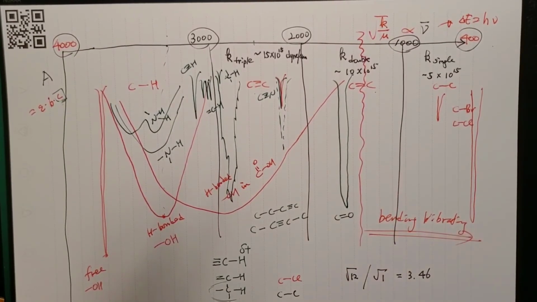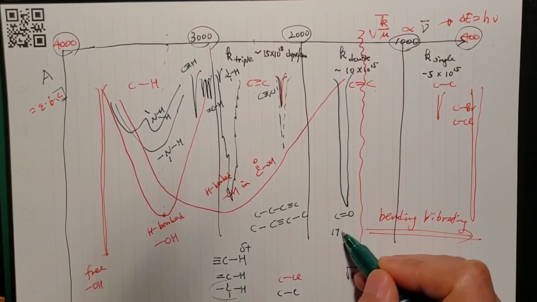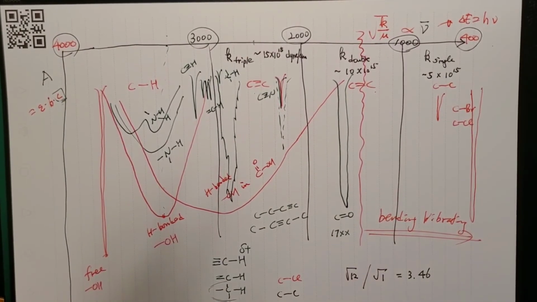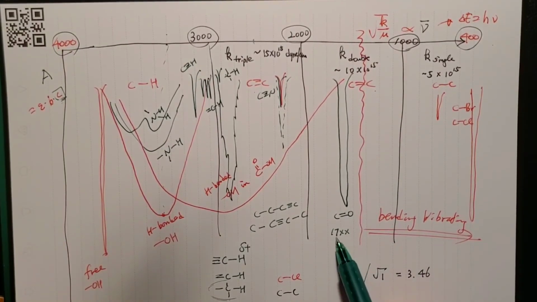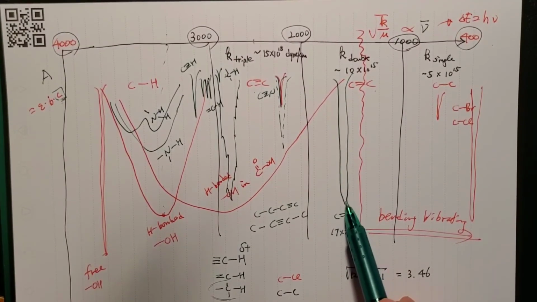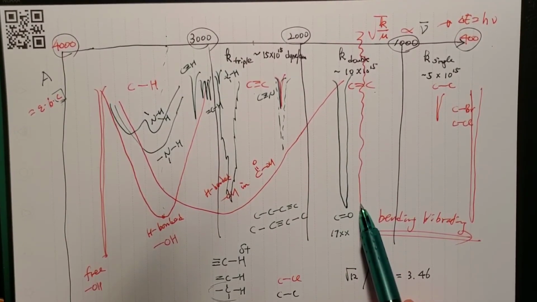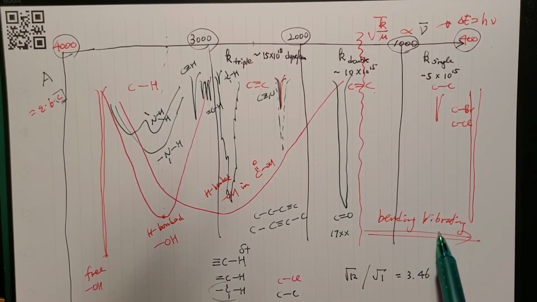So the CO double bond comes around 17-something, plus or minus, it could be 100 or 200 even. So it's safe. Even when this shifts for some reason, it could be near 1500. And then it's usually higher than the bending vibration region.